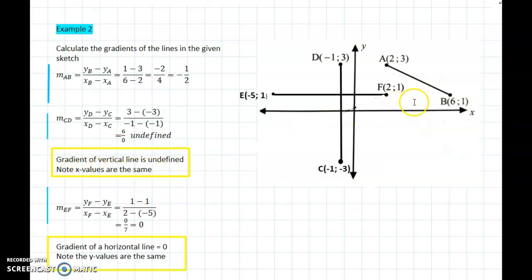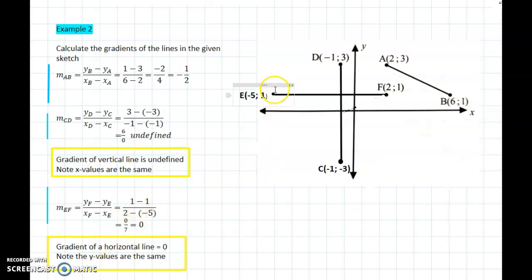Let's look at EF. The gradient of EF is the change in the y over the corresponding change in the x values. So it's going to be 1 minus 1. And of course the numerator is going to be 0. The denominator is 2 minus -5, which is 7. And 0 over any number is 0.